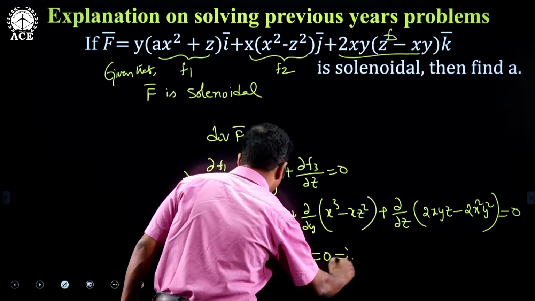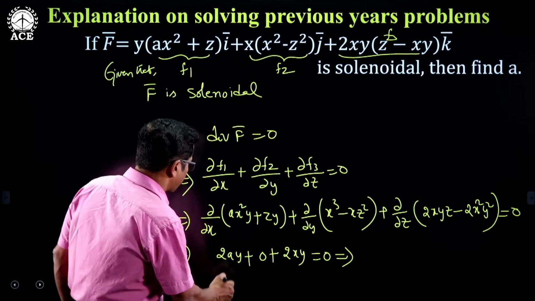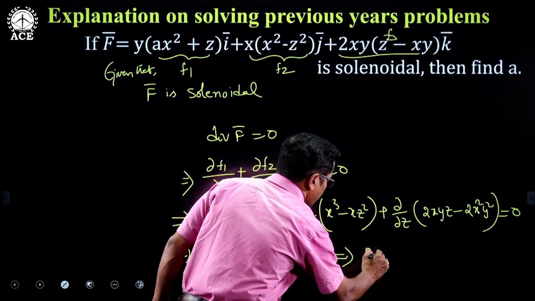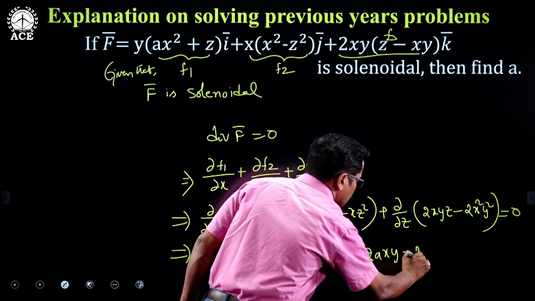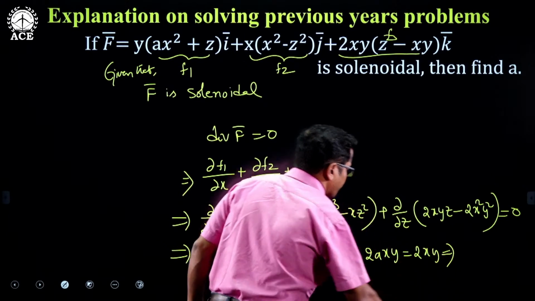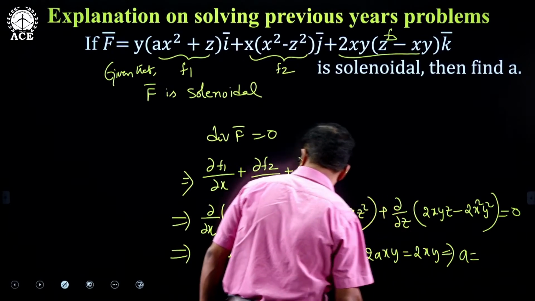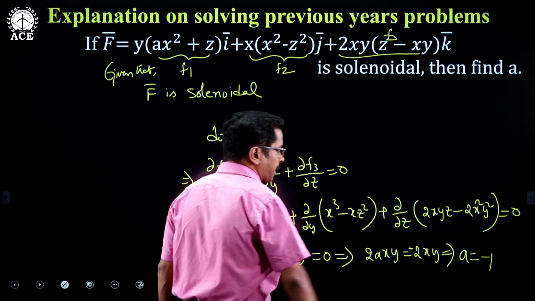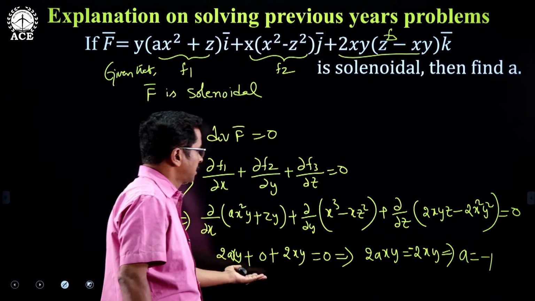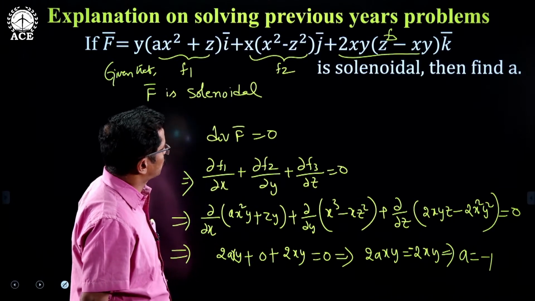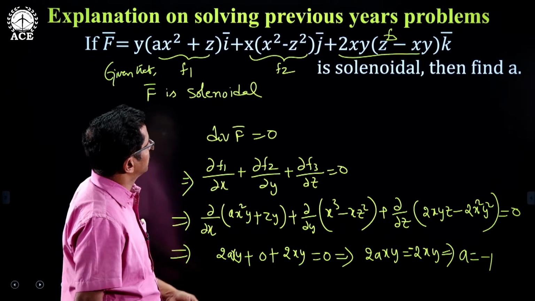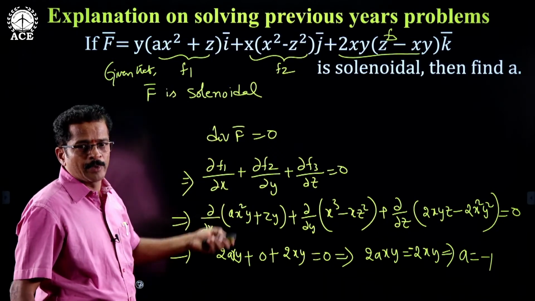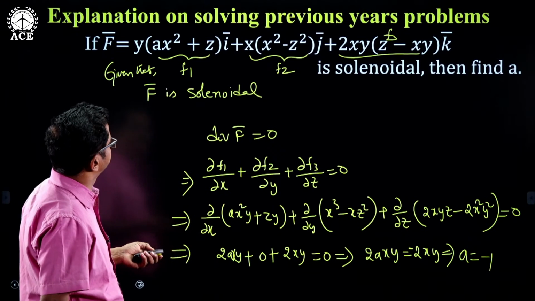From this, here you will get 2axy. From this, 2axy is equals to 2xy. From this, a is equals to what? Minus 1. 2axy equals to minus 2xy. When I bring plus 2xy that side, minus 2xy. So a is equal to minus 1. So this is how we evaluated a value by using solenoidal property.